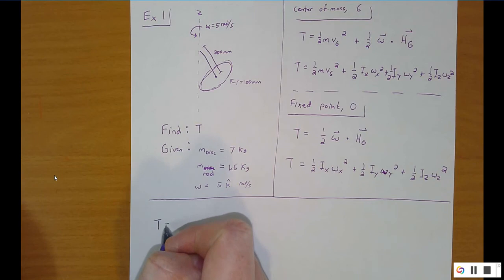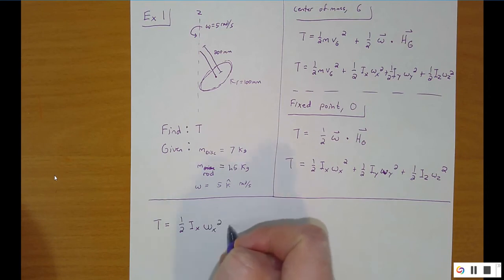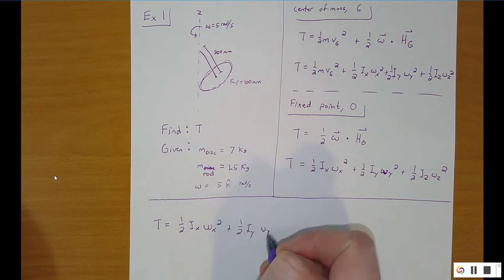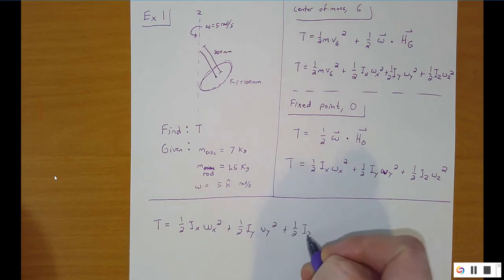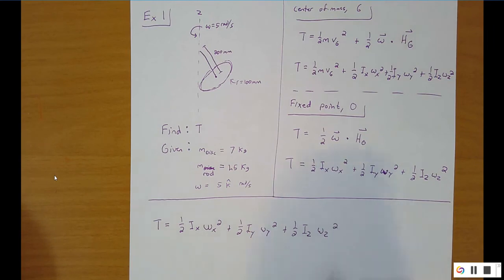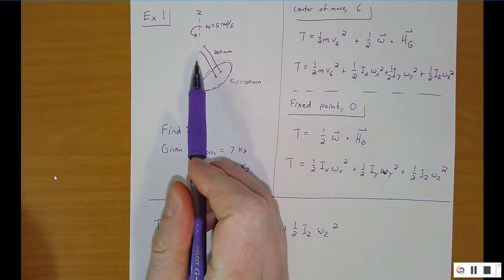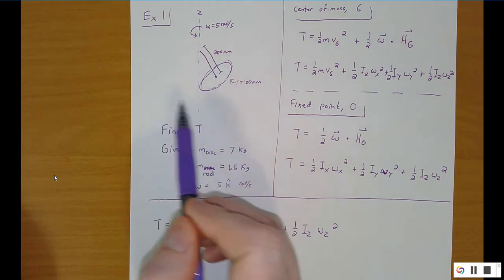So our T will be 1/2 I_x omega_x squared plus 1/2 I_y omega_y squared plus 1/2 I_z omega_z squared. And from our problem here, we only have omega_z, and we know that this is a cone type problem.